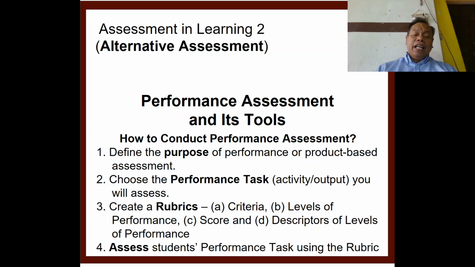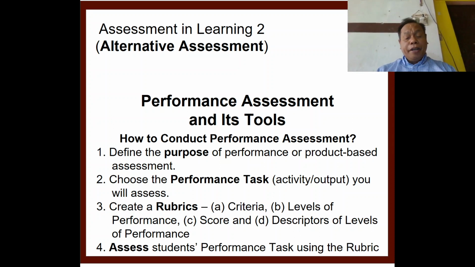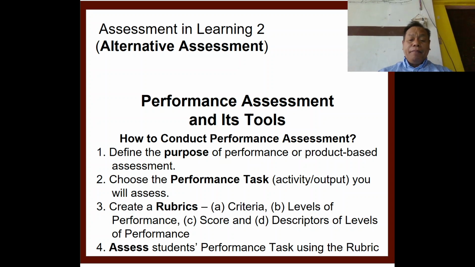In front of those criteria, there should be levels of performance, whether inadequate, good, very good, or excellent. Those levels of performance must have scores and also descriptors. And then the last step is, of course, you use the rubric when you assess students' performance task.